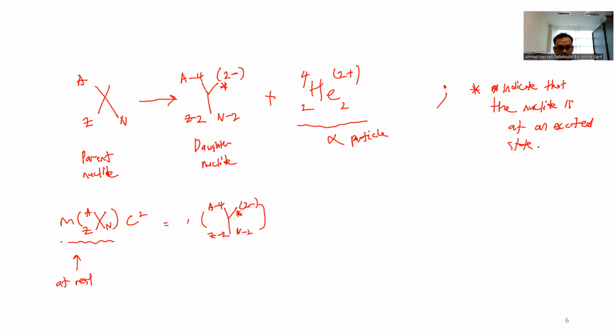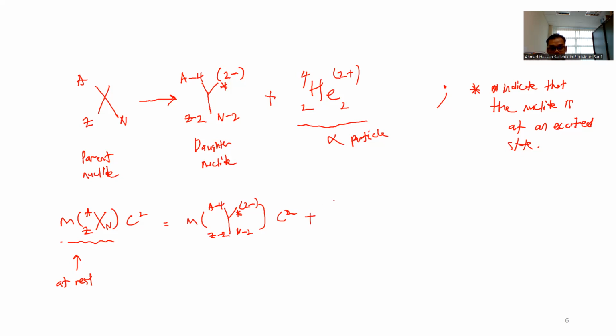So this is the mass, and you multiply it with c squared. That's the mass energy of the daughter nuclide. And then, of course, the alpha is emitted, so it is moving, so it has velocity.